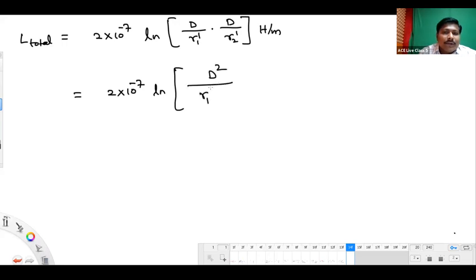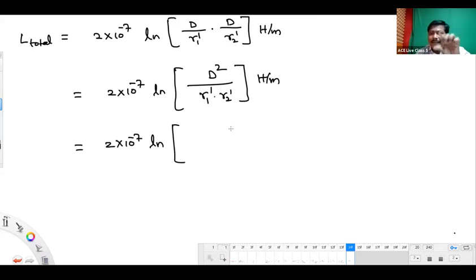D square by r1 dash into r2 dash. I'll try to rewrite this one in a standard domain. You can take it like 2 into 10 power minus 7 natural logarithm.